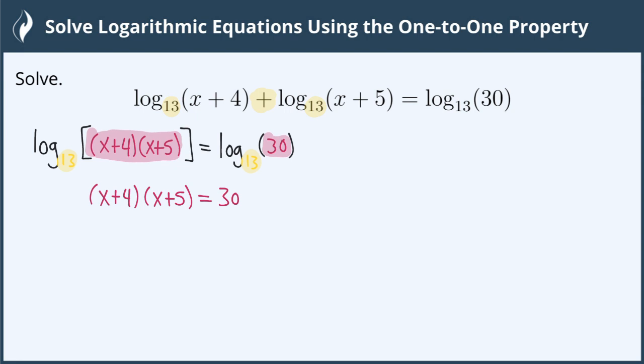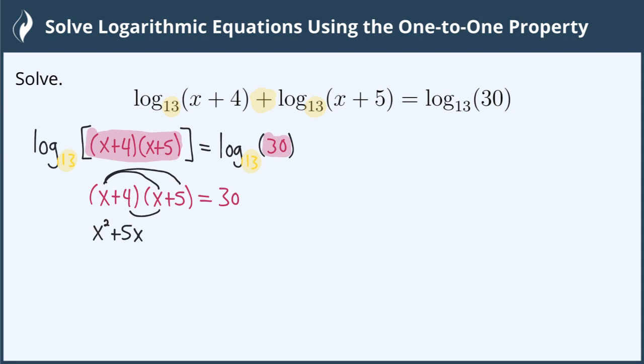To solve the quadratic, we're going to need to FOIL out the left side or multiply it out, and then make the equation equal to 0. So let's start with the multiplying. We have first is x times x, which is x squared. Outside, x times 5, so plus 5x.